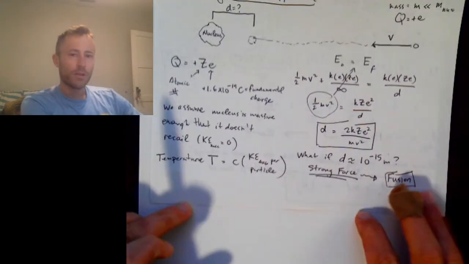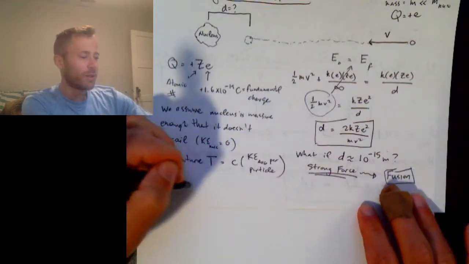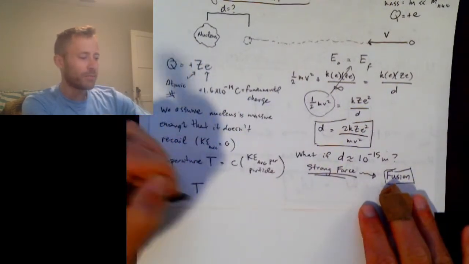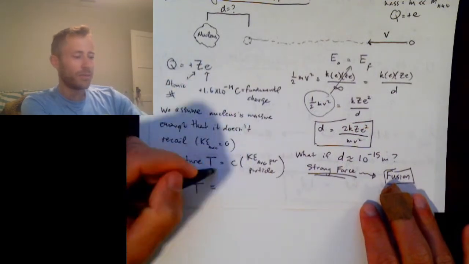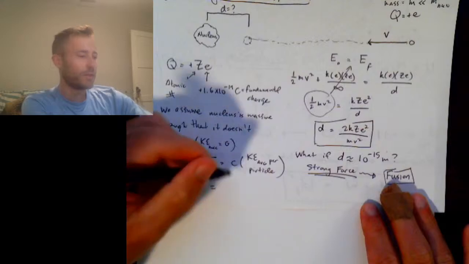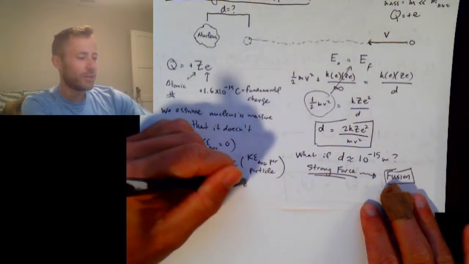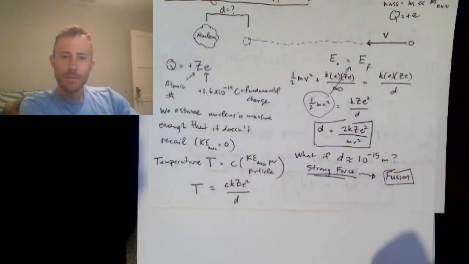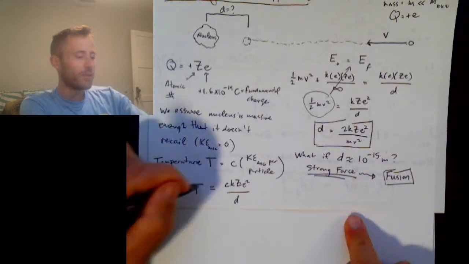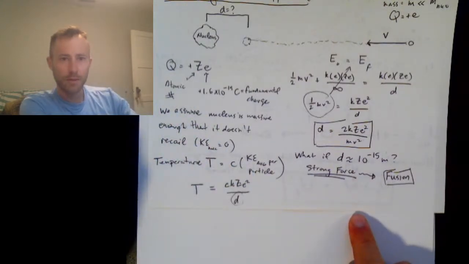So we could say, if we wanted to, temperature equals C times k Z e squared over d. All right? So if the temperature is this, then that is how close the particles are getting. All right?